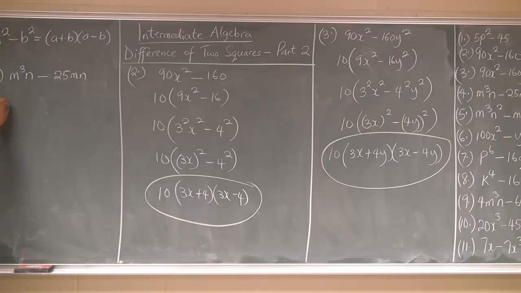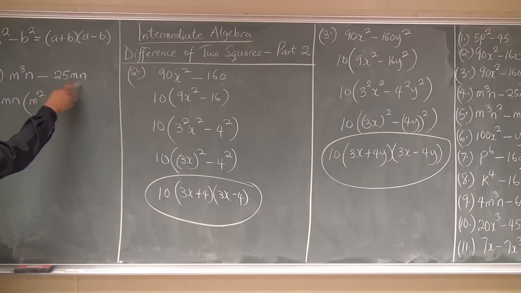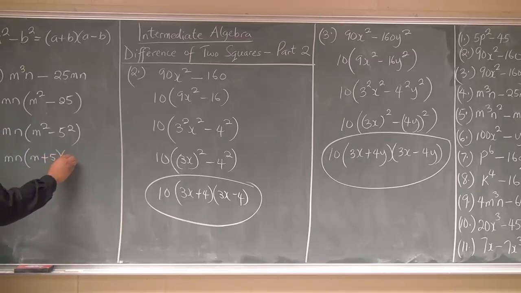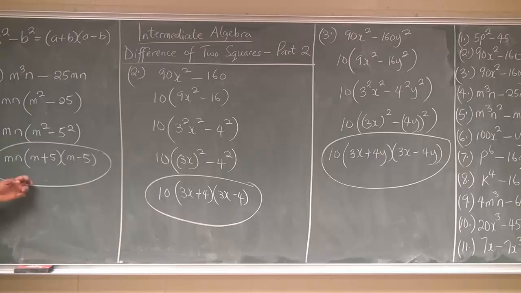GCF here is mn, and m cubed n divided by mn is what? m squared. Minus 25mn divided by mn is 25. Okay, so you have mn, m squared minus 5 squared. And that will give you mn, m plus 5 times m minus 5. And this becomes your answer.